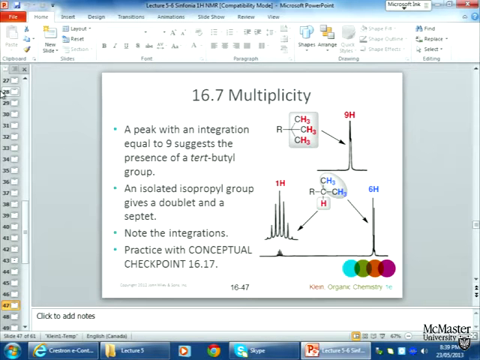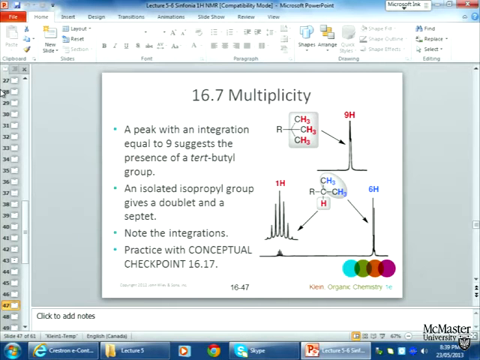Okay, so here is a tertiary butyl group, carbon with three methyls on it. Here all nine hydrogens are equivalent. We're on 1647 now, sorry. So three hydrogens in one methyl group are equivalent, but that methyl group is equivalent to the next methyl, is equivalent to the third methyl, right? Nine hydrogens. The carbon to which the methyls are attached has no hydrogens on it.